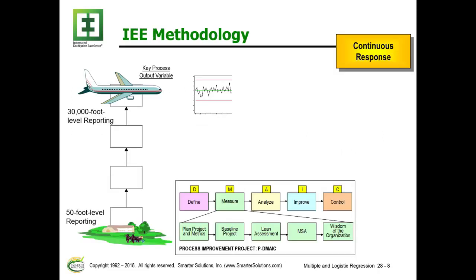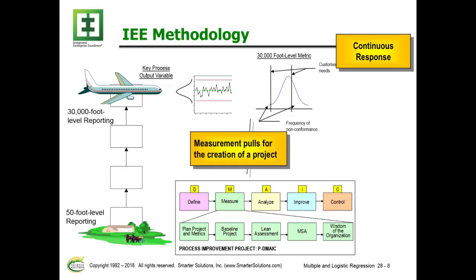So where we're looking at focusing again is the 30,000 foot level chart. We then look at how it's performing relative to our needs, and if it's not satisfactory, then it pulls for project creation. We then want to focus on what we could do to improve this metric, and so we improved it like that. Now we look at the percentage of non-conformance after the completion.